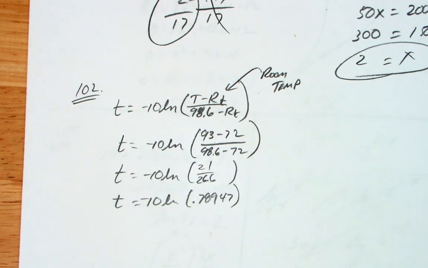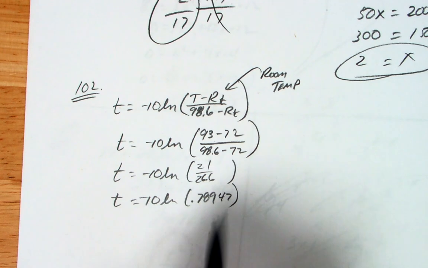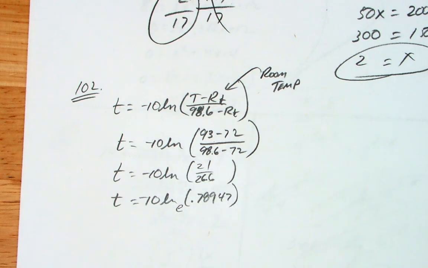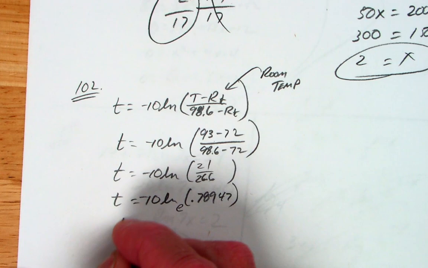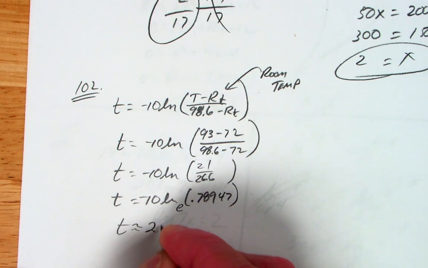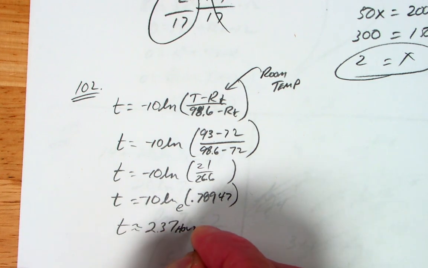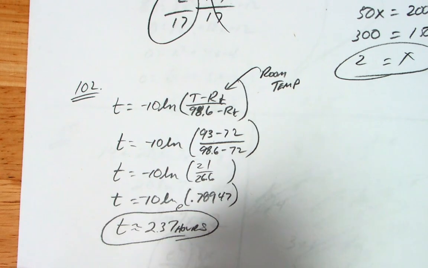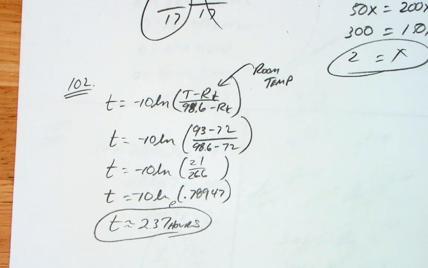Oh, this is just a calculator problem. There's no solving anymore at all, because my variable is already by itself. My base is e. Just put the whole thing in? 2.36 hours. Yep. Okay, that was not too bad. That's just getting us used to the formula.